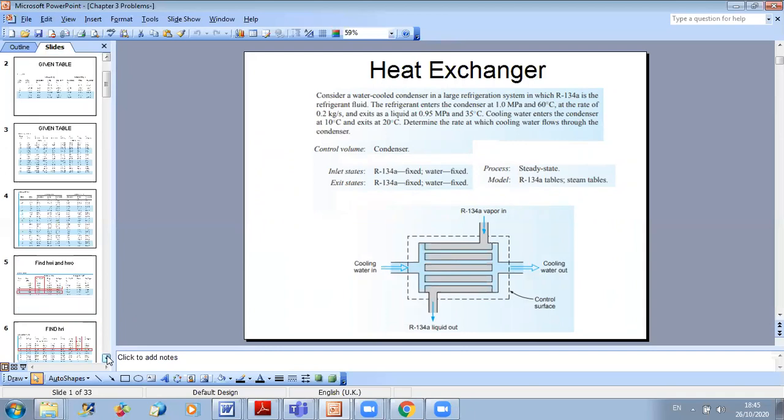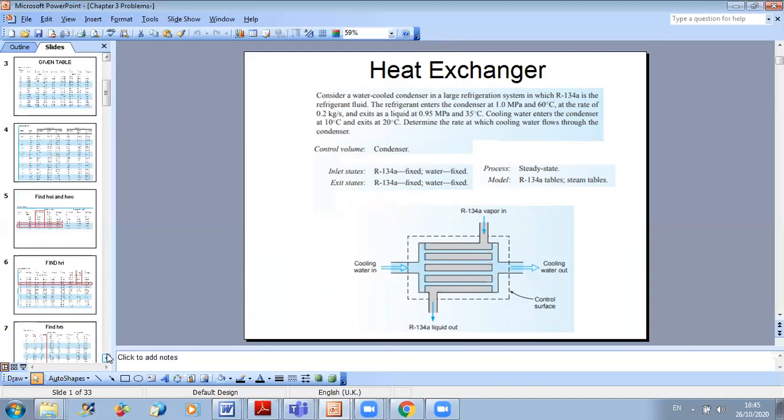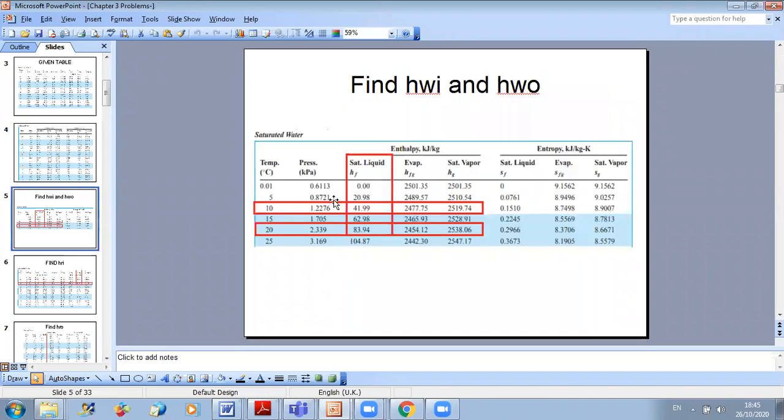So you will go to the saturated table and look at values of H at 10 degrees and at 20 degrees. You can find them here. I take the 10 degrees line, the 20 degrees line, and for the column of HF, I find that HF at 10 degrees is 42, and HF, which is enthalpy at saturated liquid, at 20 degrees is 83.94.